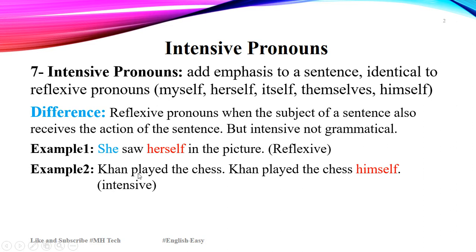So this sentence, Khan played the chess. Khan played the chess himself. We just added himself, and it's intensive, but not reflexive here. The subject also received the action of a sentence here.